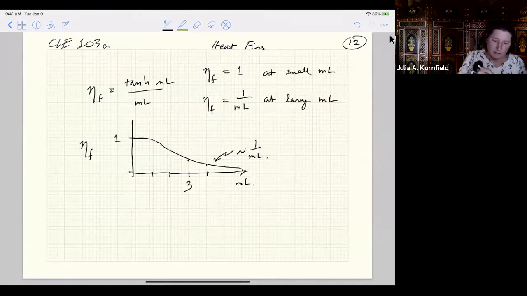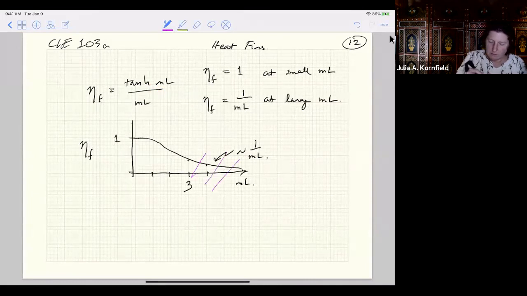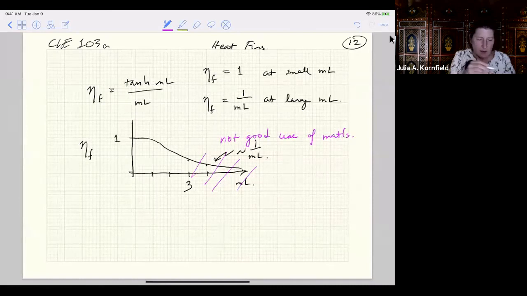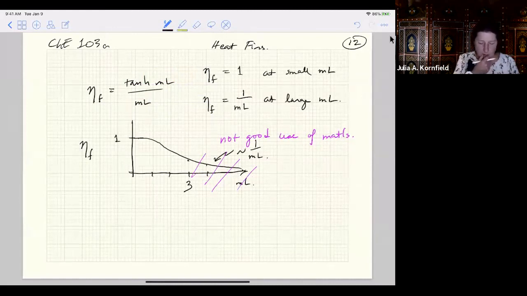And similarly, it's not a good use of weight on a vehicle or on a piece of portable electronics. So you won't find L so long that it makes ML greater than 3.